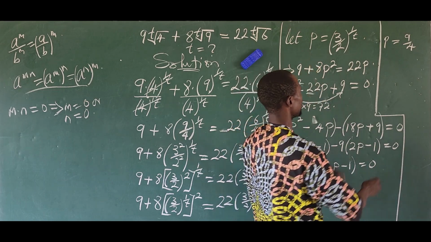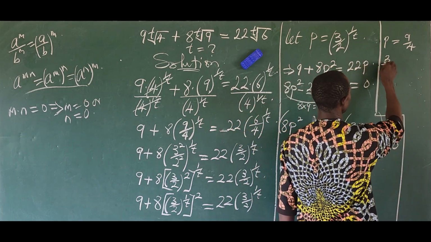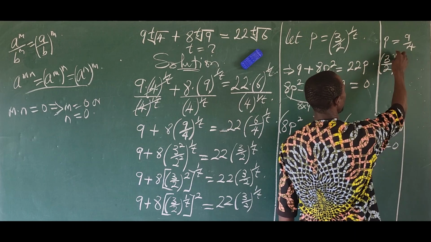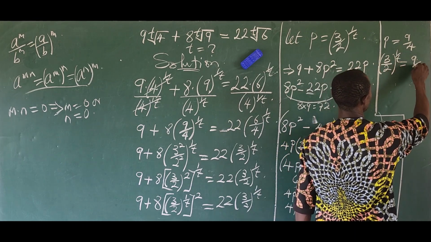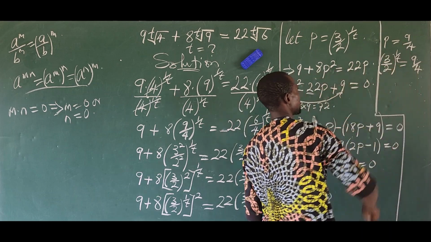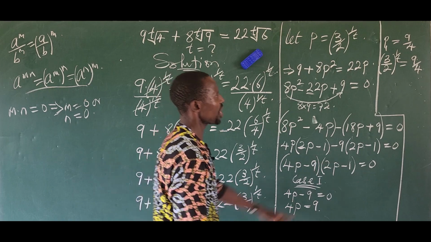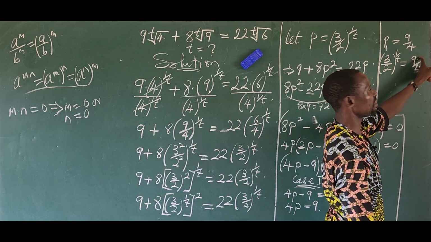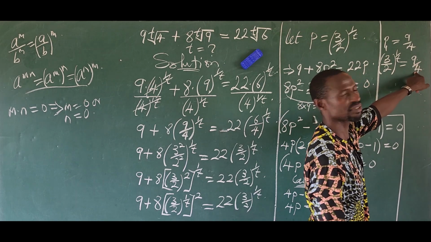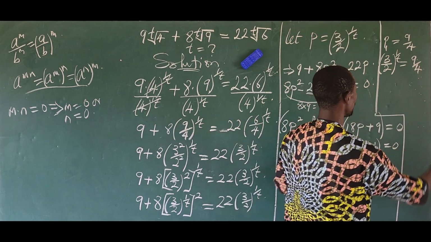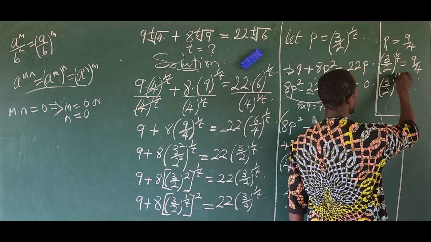So because we want to solve for the value of t, we know that (3/2) raised to the power of 1 over t is equal to 9 over 4. So we're taking this p1 now. Now 9 over 4 can be expressed as (3/2) squared because this will give us 3 to the power of 2 and this will give us 2 to the power of 2.